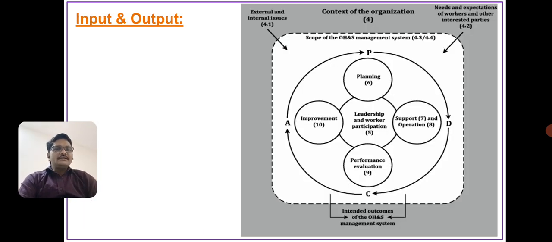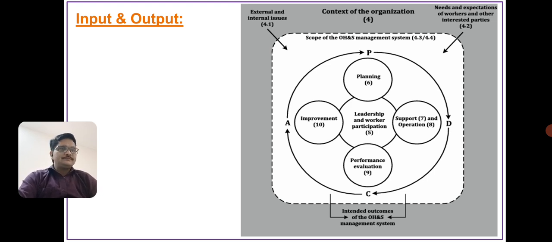And what are the inputs and outputs in this standard? Input is external and internal issues, mentioned in clause 4.1 under the context of the organization, which is clause number 4, and 4.2, the needs and expectations of workers and other interested parties.